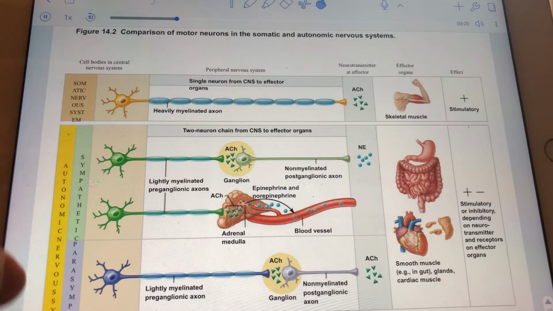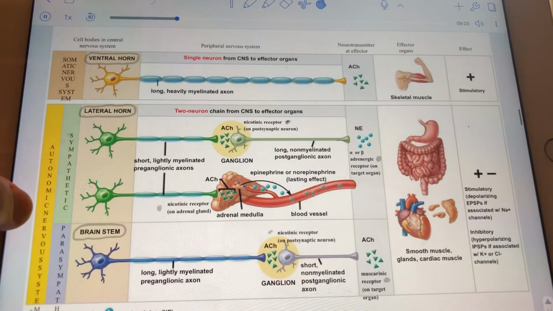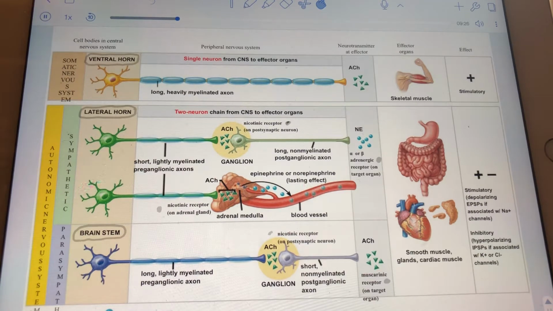Here on slide 11 is that tesserized version, okay, where we've gotten a little more specific and a little more messy. I've specified that the neuron in the somatic pathway is housed not just in the central nervous system, but specifically in the ventral horn of the spinal cord. I've specified that the preganglionic cell body is housed typically in the lateral horn of the spinal cord.